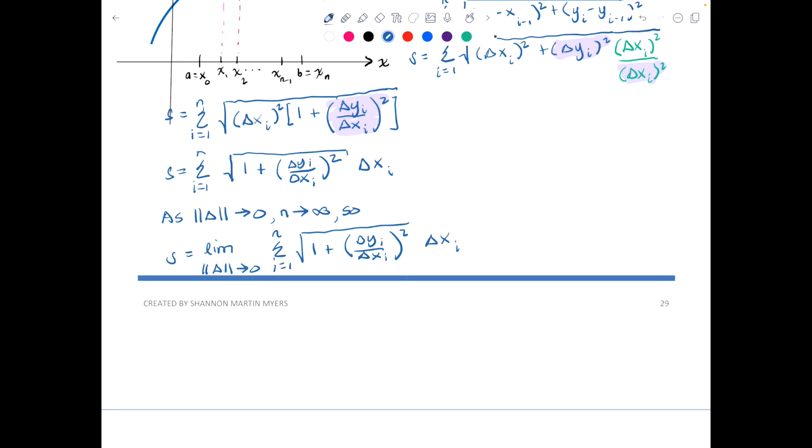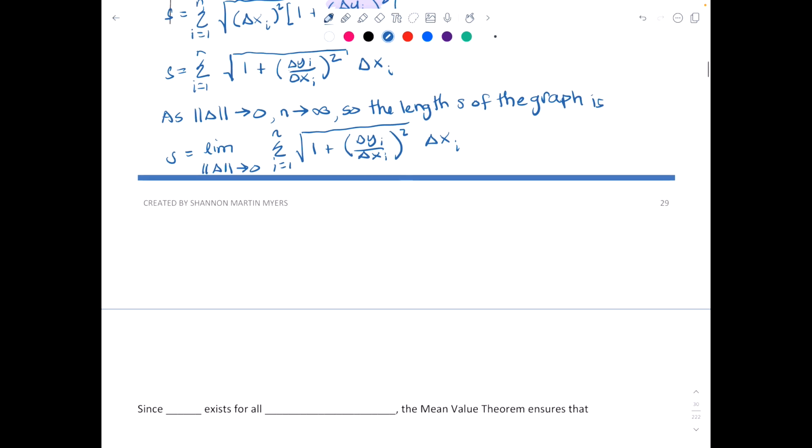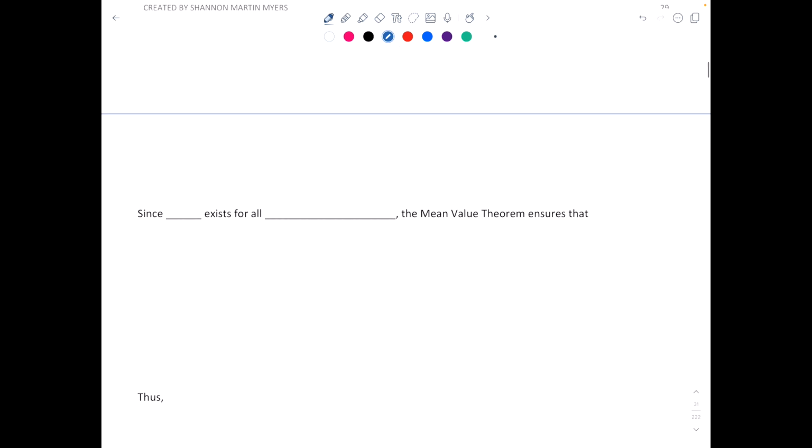Cool. And I'm going to just add in the length S of the graph. Now make sure you don't use an uppercase X, because that is going to denote surface area later on.